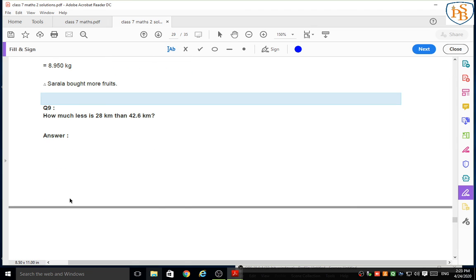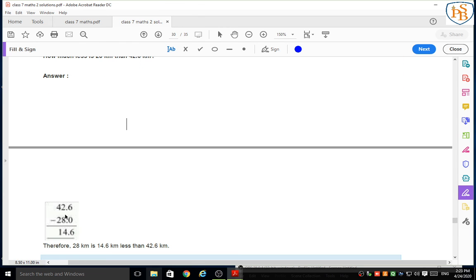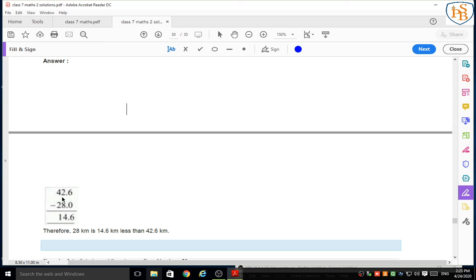And now the last question: how much less is 28 kilometer than 42.6 kilometers? It is simply subtraction. 42.6 minus 28.0. Now if we subtract 0 from 6, we get 6. Again it is not possible to subtract 8 from 2, so instead of 2 we take 12 and reduce the 4 by 1, that is 3. So 12 minus 8 gets 4, and 3 minus 2 gets 1.